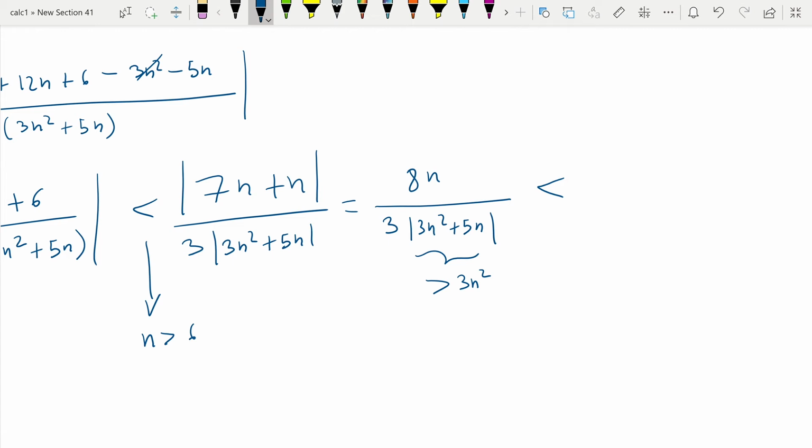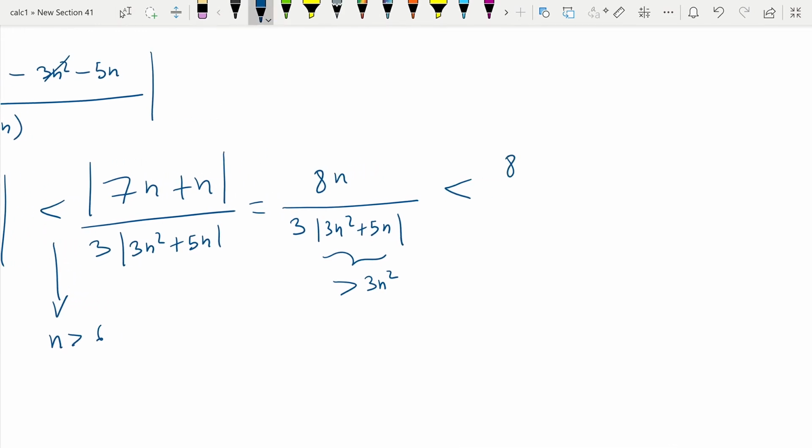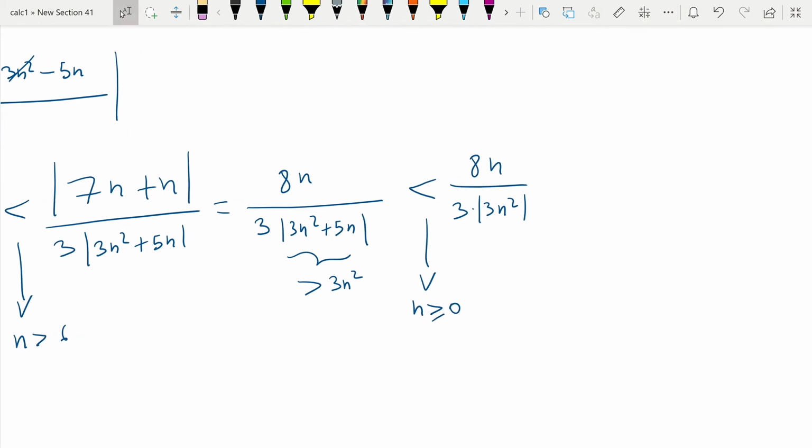So if this is greater than that, remember we want to make the denominator smaller. So we're going to replace this by 8n over 3 times 3n squared. This is valid actually for all n. We're just asking that n is greater than or equal to 0. Nothing more than that.